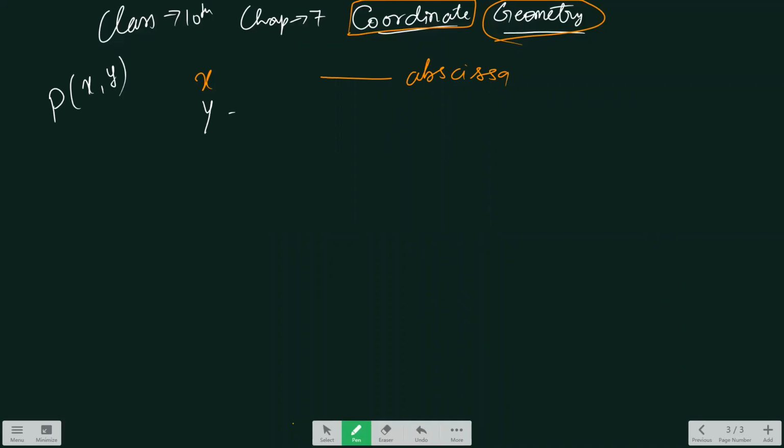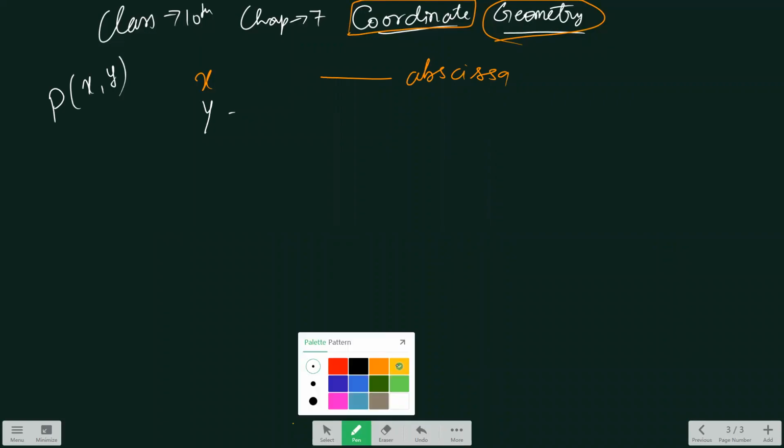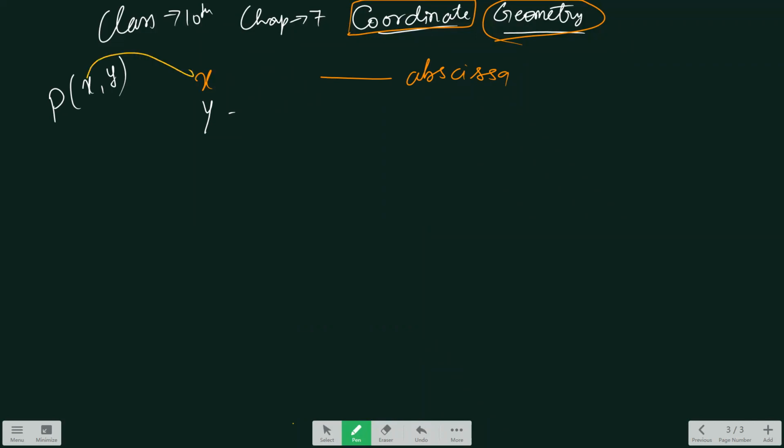This is the standard form to represent a point. So here the x coordinate is known as abscissa, and the y coordinate is known as ordinate.